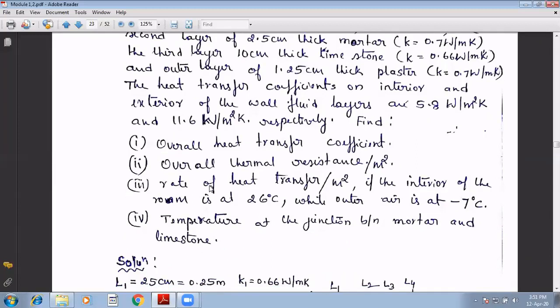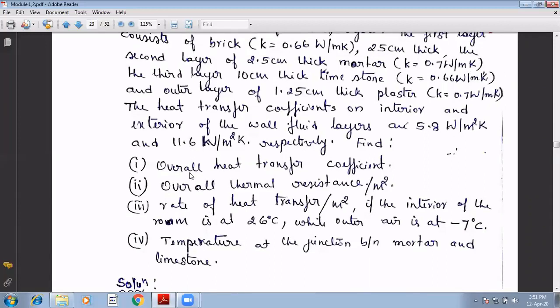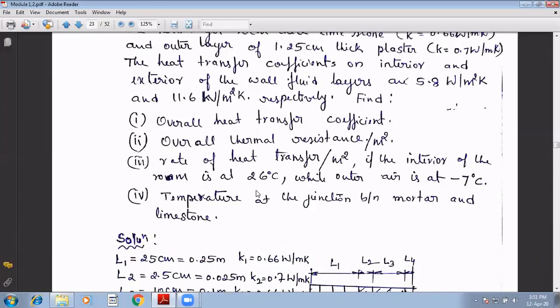Next, overall thermal resistance per meter square. You got U, the overall heat transfer coefficient; if you take the reciprocal of that, it is the overall resistance. Then rate of heat transfer per meter square. He has not mentioned anything related to area, so you can assume area to be 1, and he has asked heat transfer per meter square. The interior of the room is 26 and exterior is -7 degrees Celsius.